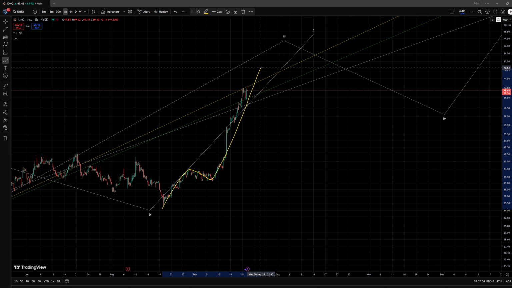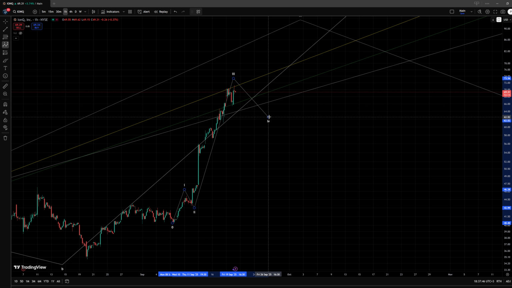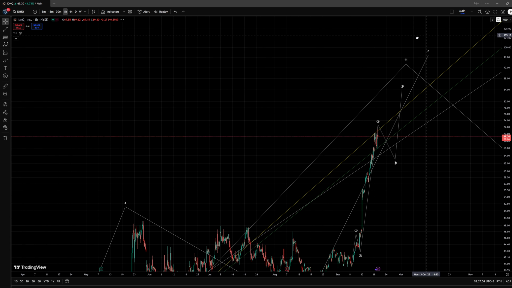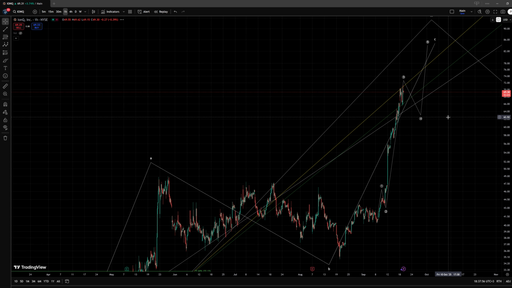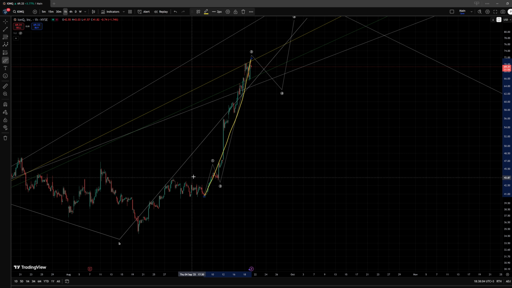I wouldn't count too much internally, so really I would be focusing at most on this idea of 1, 2, 3, 4th, and the 5th, but not even this is a full guarantee to work out and invalidate the idea in a C wave that would be developing here directly, because realistically I could have a 5-wave move within this movement. This could be the entire wave 3.